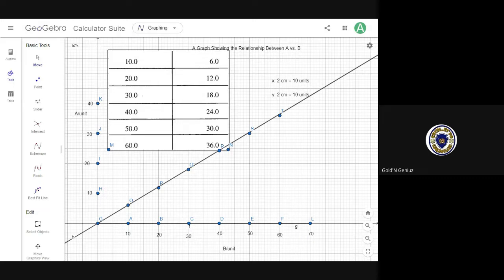That's the scale right there, because when the examiner looks at 2 centimeters, the first thing they are supposed to see is 10 on the x-axis. What this is saying to the examiner or the marker is that when you move 2 centimeters, every other line, you should see me going up by 10 on the x-axis. On the y-axis, every 2 centimeters I should also be going up by 10.